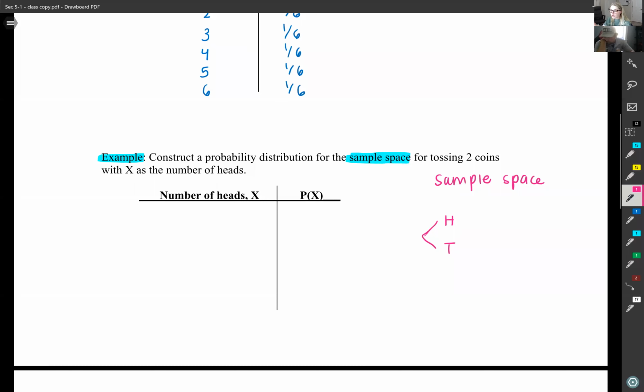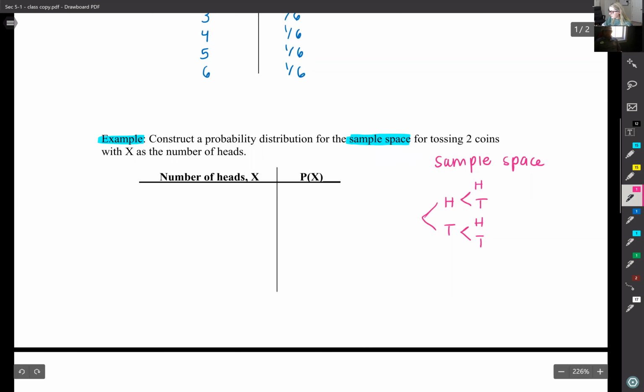And then on my second toss, if I got a head, I can still get a head or tail. And same here, if I got tails on my first toss, on my second toss, I can still get a head or tails. So this gives me that my sample space is heads, heads, heads, tails, tails, heads, or tails, tails.